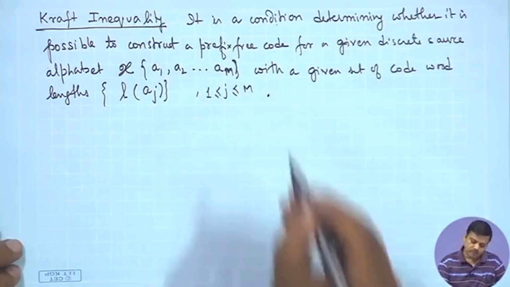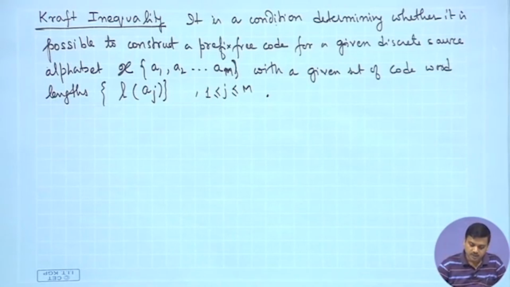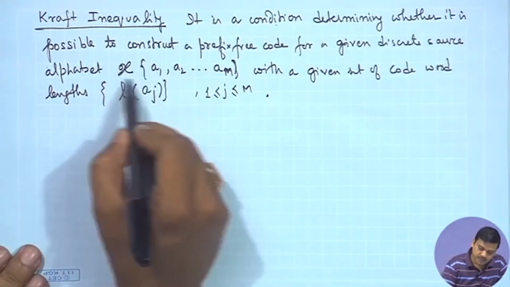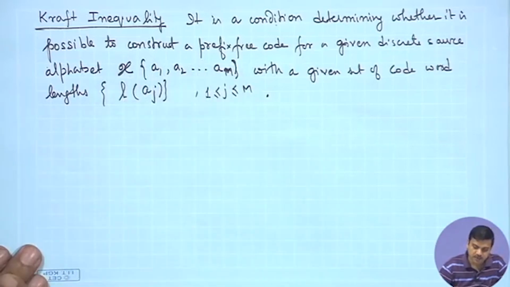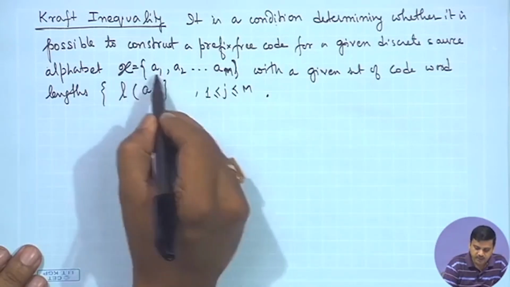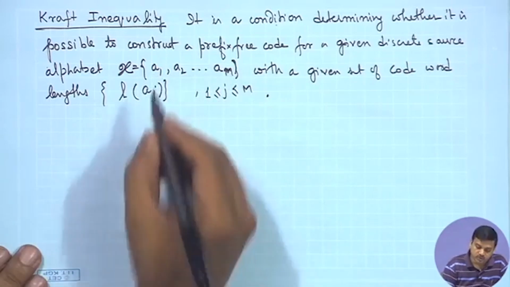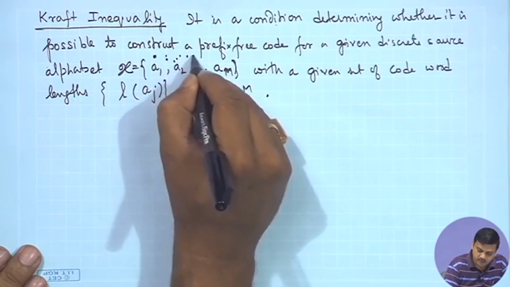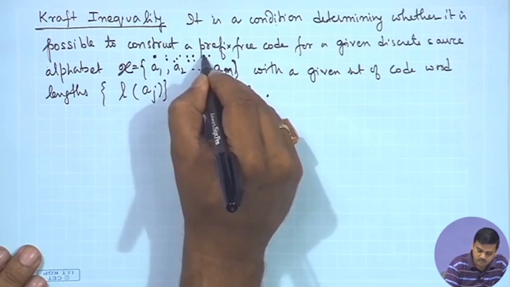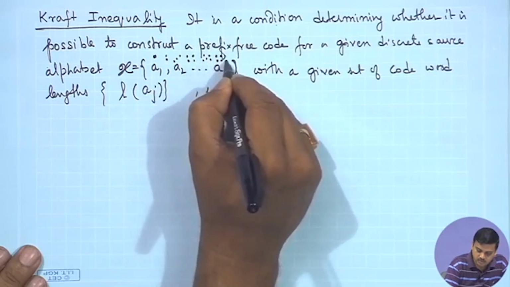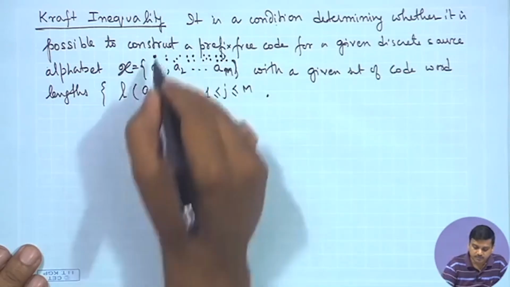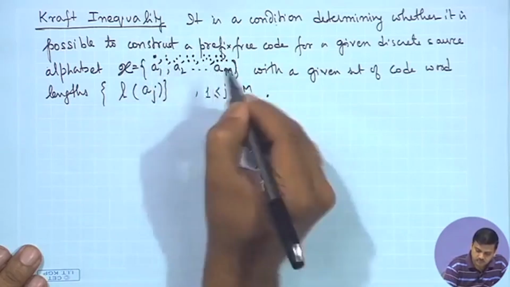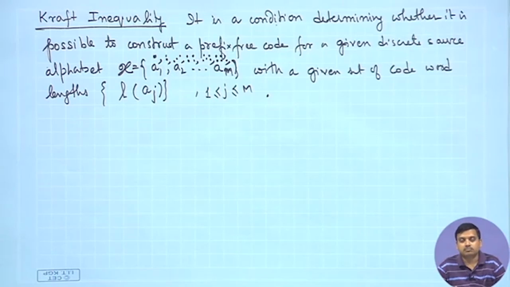If you note the way we are changing from the initial few statements, what we are saying is that let there be a discrete source with this alphabet, that means X defined by this set of symbols. This goes with our previous example: you can take the die, the heads and tails of a coin, or the letters of the English alphabet, as we have been always saying.